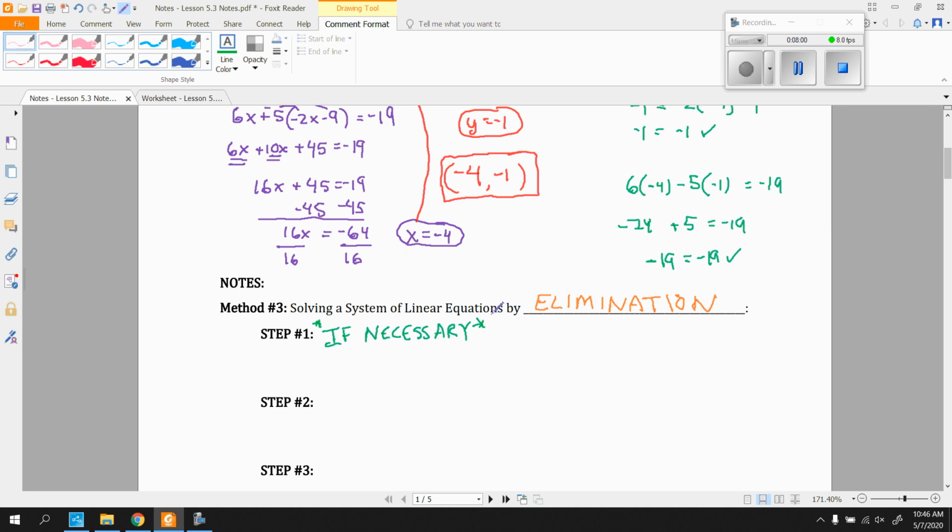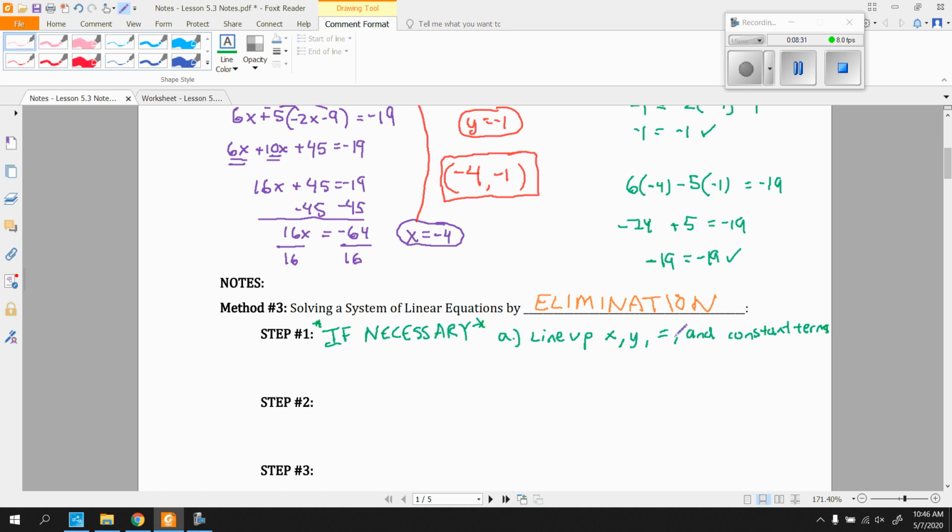So it's step one, parts A and B. Line up, and I'll show you what this means, but line up x, y, equals, and constant terms.